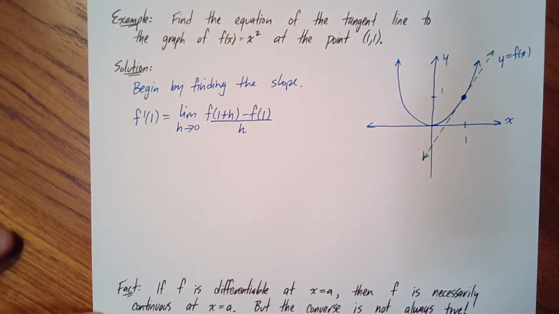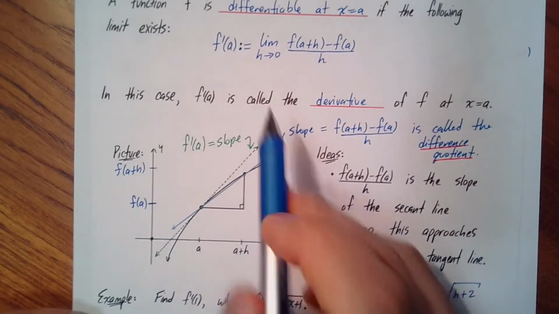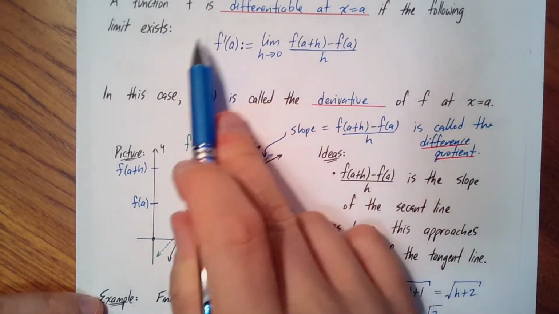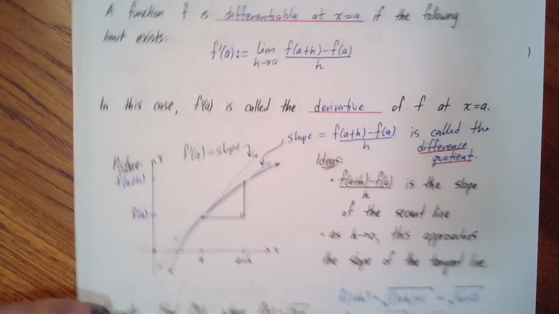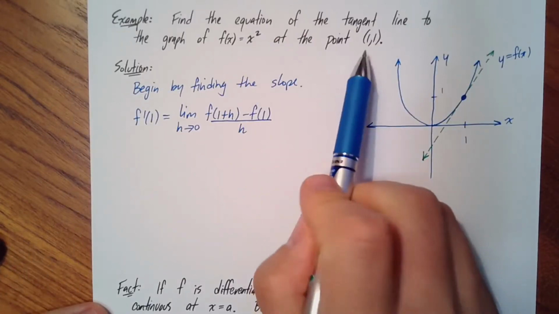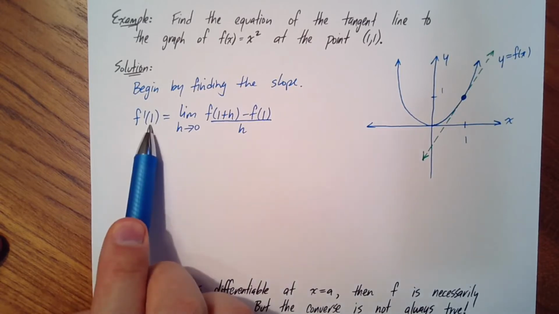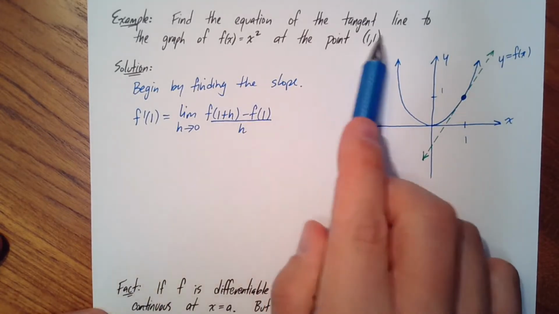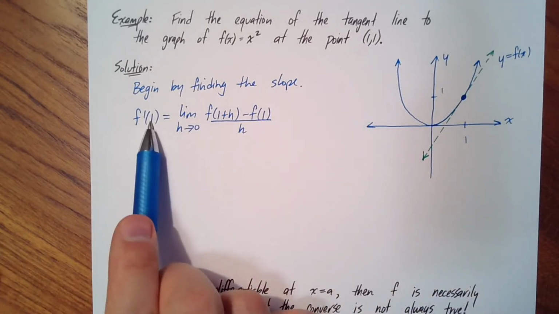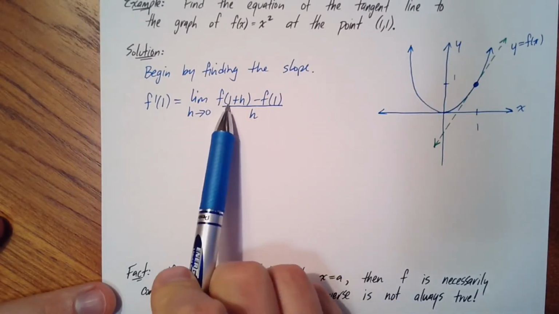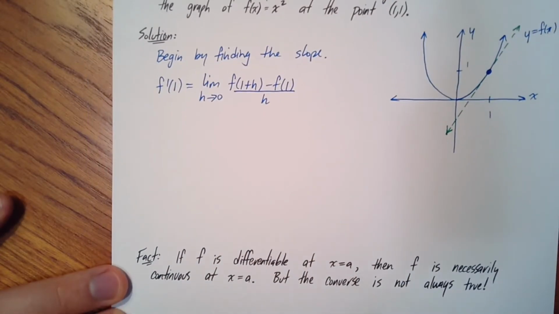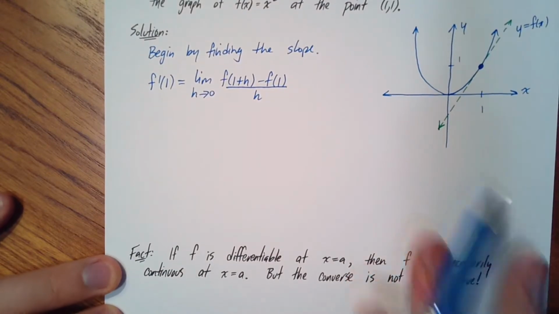Okay, so just using this definition right here with a equal to 1. It's just a coincidence that we're using 1 again, because 1 happens to be the x-coordinate of this point, right? So we don't always do 1. It's going to be the x-coordinate of whatever point you're interested in. So in this case, we're going to put a 1 here, and that's why the 1 went here and here as well.